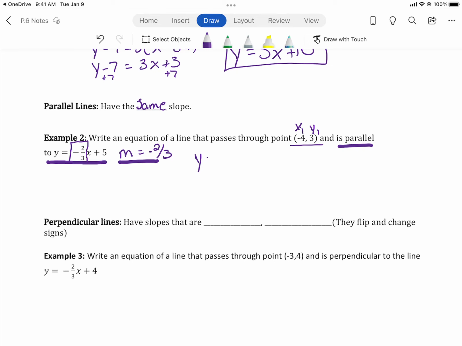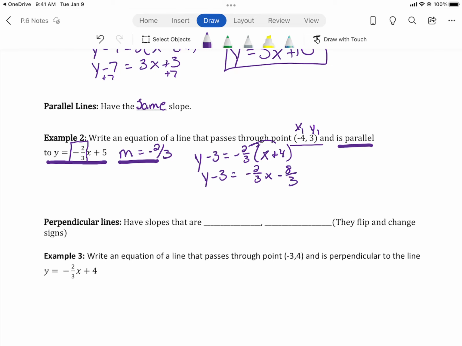We can substitute into our point slope form. So y minus 3 equals -2/3 times x. Just think about this being the opposite. Since it's x minus 4, this is going to be x plus 4 in here. Again, distribute through the -2/3. So y minus 3 equals -2/3 x minus 8/3.